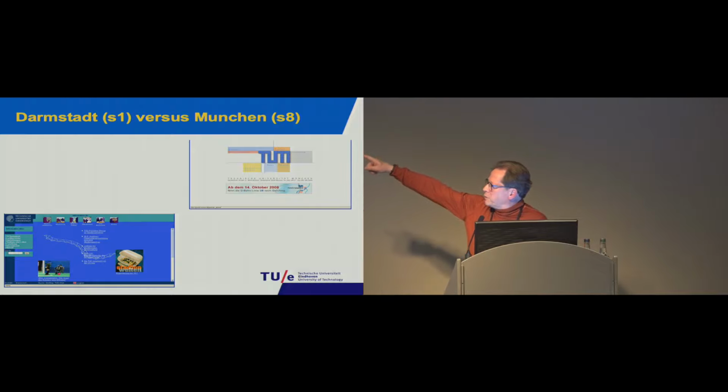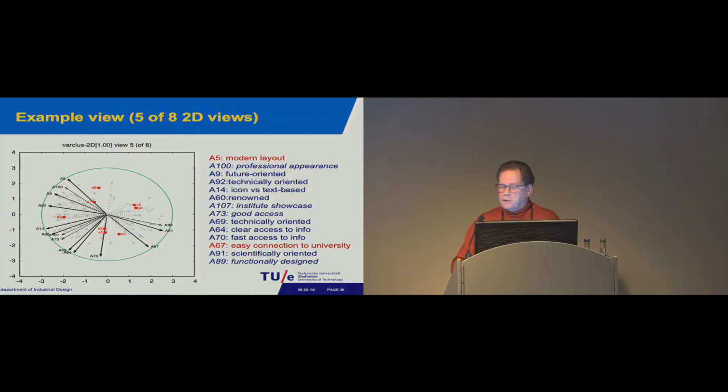And you can see that the website that scored much higher on modern layout was the one from the University of Munich, which is all the way up there. So one way of looking at these graphs is what I would call evolutionary design. Say, what could I do to move my website or whatever in that space? So I would take examples. That's why I would call it evolutionary. If I want to have a much more modern layout, I would look at 7 and 8 and see what they are doing differently from me.